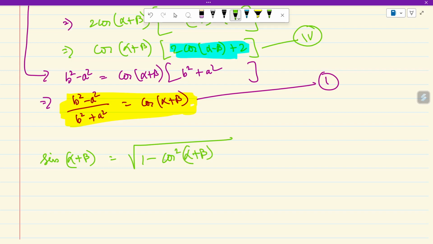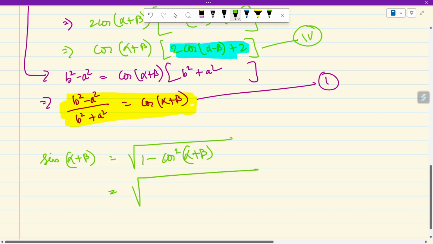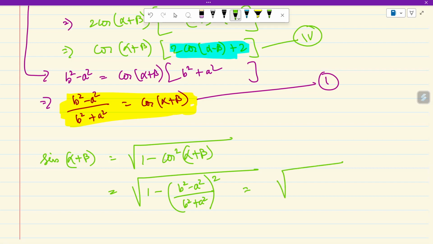By using the identities we know this formula, so this can be written as 1 minus, now cos alpha plus beta value is b square minus a square by b square plus a square, whole square. Taking the LCM, we can write this as b square plus a square whole square minus b square minus a square whole square upon b square plus a square whole square.